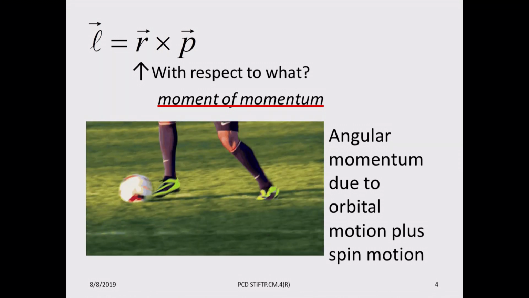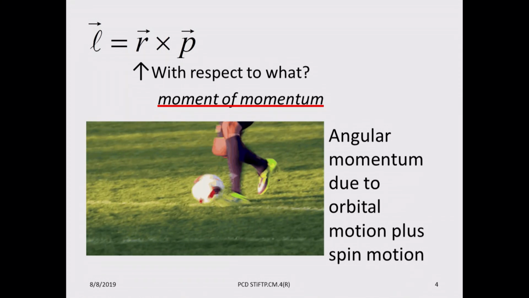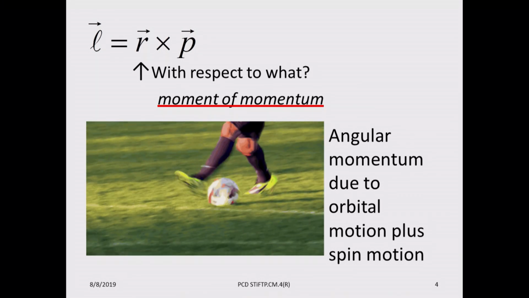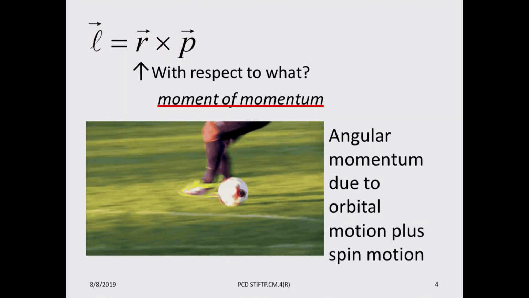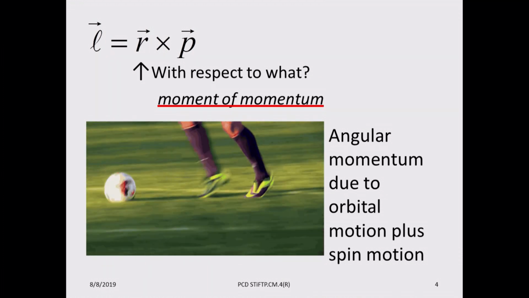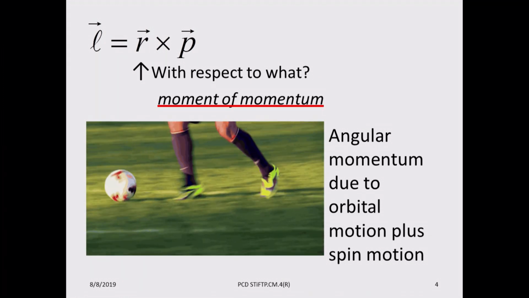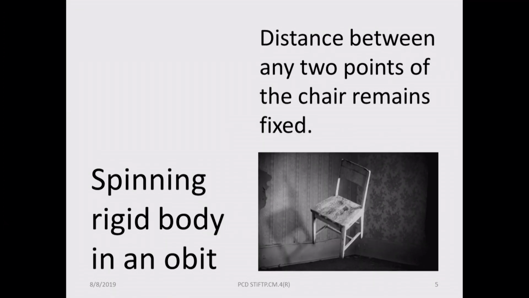There are two kinds of rotations involved in this. And the net angular momentum will be due to the orbital motion, which is about some point, and also because of spin, which is about an axis going through the center of mass, for example, right? So there are these two motions that you have to consider. And if you have something like an orbit, this chair has come in an orbit, right?